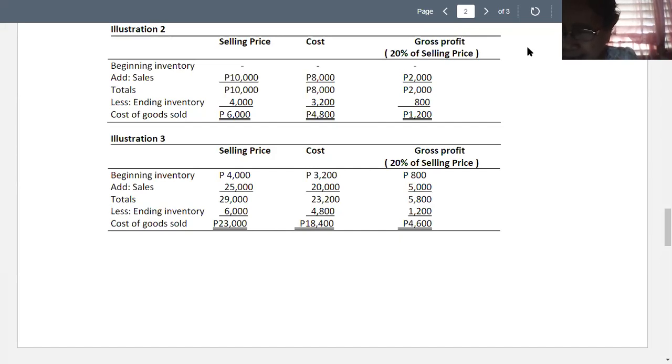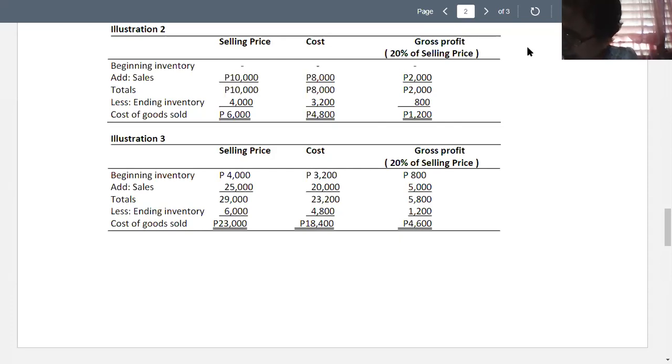The last elimination entry, debiting cost of goods sold and crediting inventory, removes the intercompany profit from cost of goods sold, thereby reducing the consolidated inventories to actual cost for the consolidated entity.